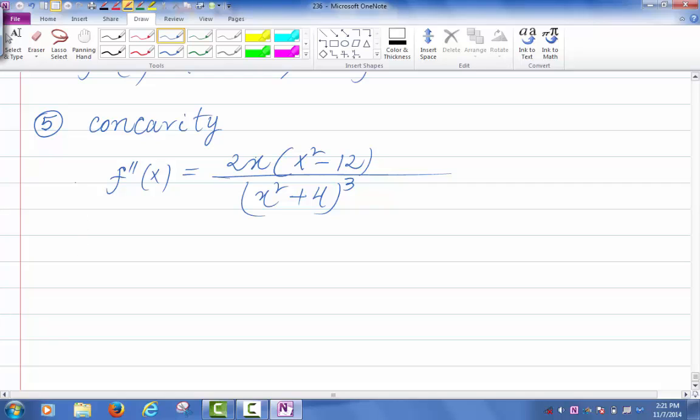In order to determine the concavity, the first step, find the second derivative. The second step is what? Solve, right? Solve f double prime of x is 0, or f double prime of x does not exist.